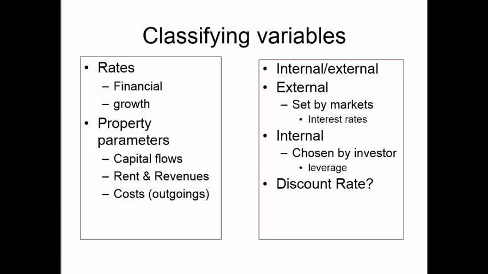Having divided the variables into internal and external, we then come to the question of whether the discount rate is internal or external. It's easy to see that the market will set things like the interest rate and the rate of property growth. But who sets the discount rate? It's considered to be the required rate of return that the investor expects in order to invest in this particular investment rather than some comparable other investment.